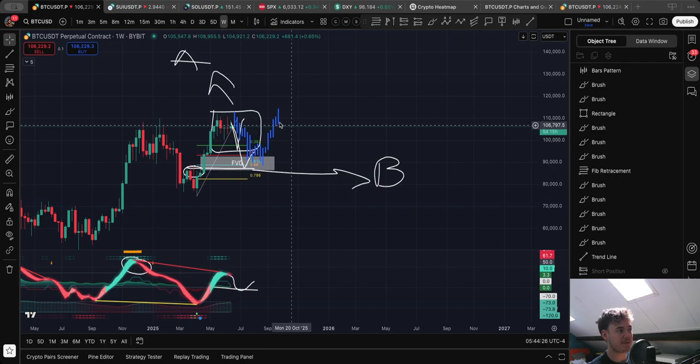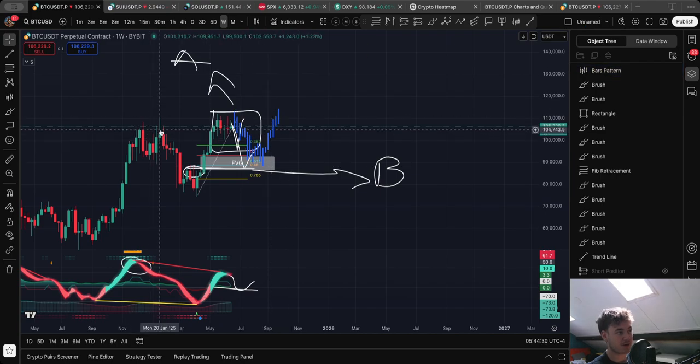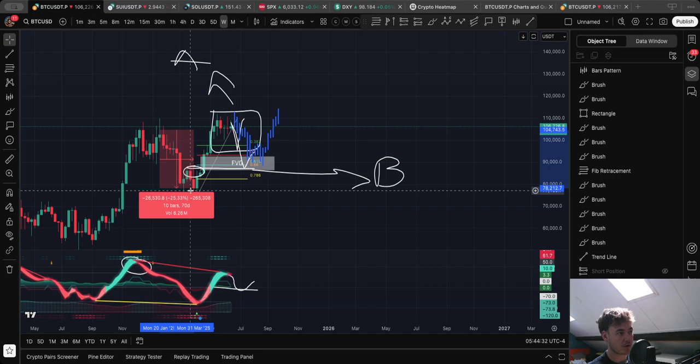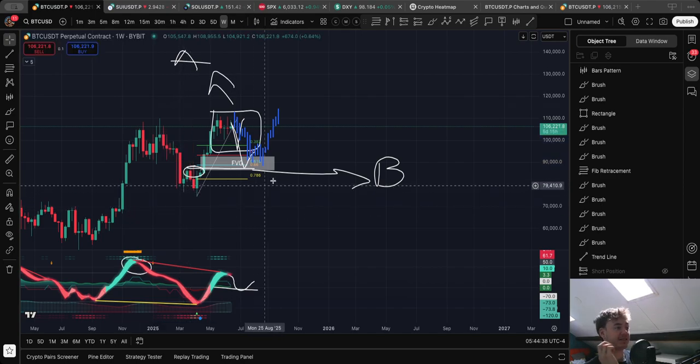Right, if this happens, then this downtrend could take also more than 2 months, right? 70 days, we can see right here. So these are things that could happen.